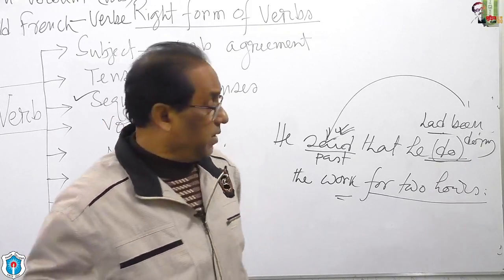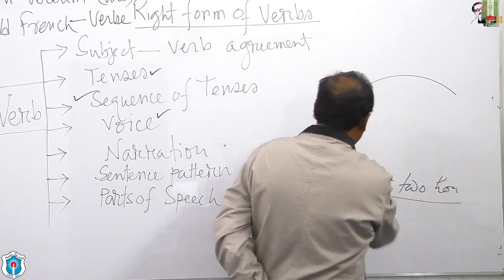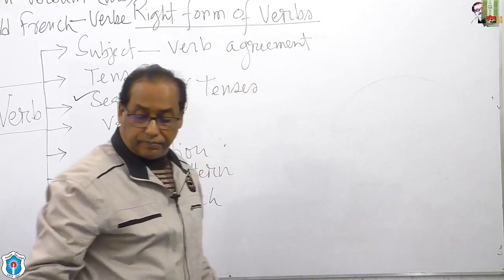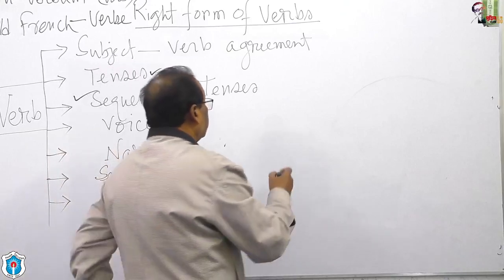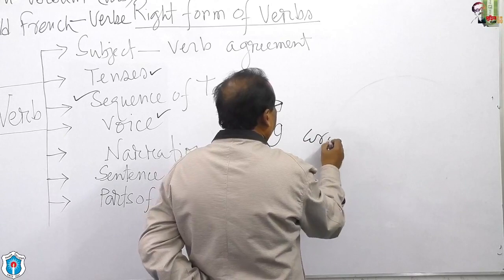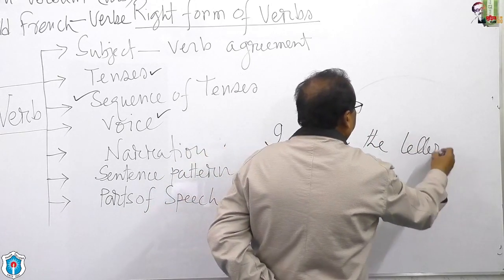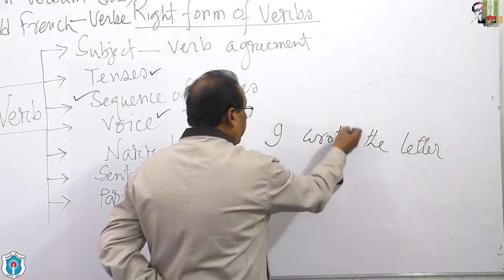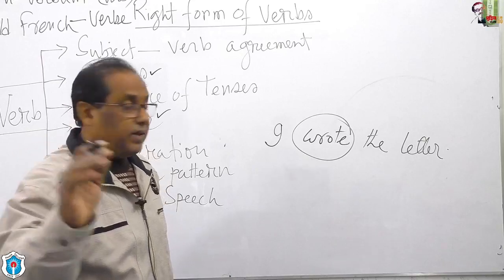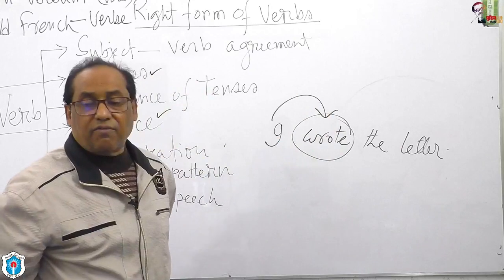Okay. Let us show some example. I wrote the letter. Okay, look at the form of the verb wrote. It is active because the subject actively performs the verb.